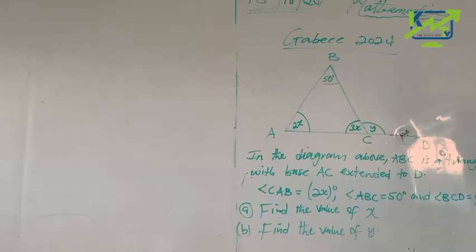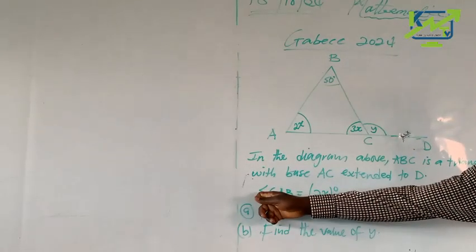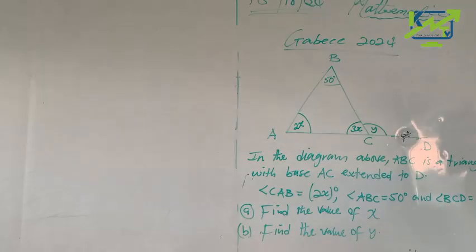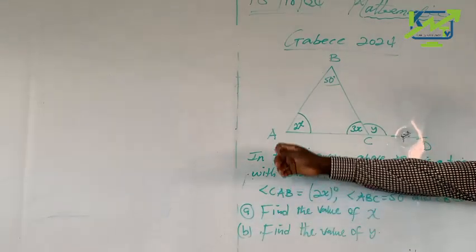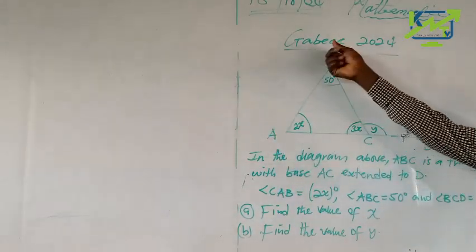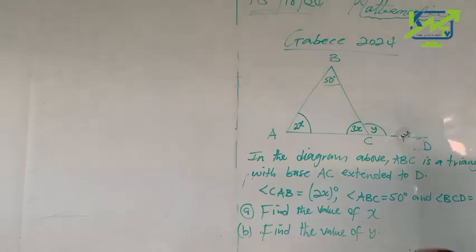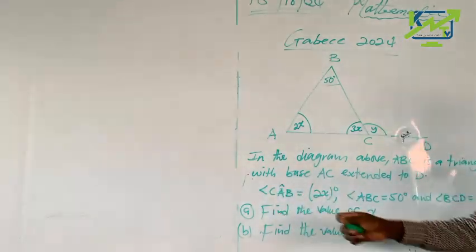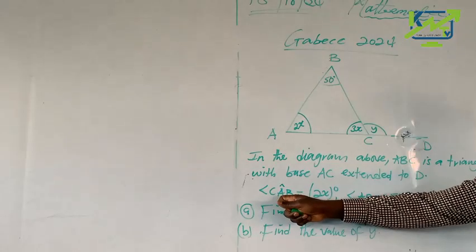Now from there, angle CAB is equal to 2x. That is this angle CAB. The middle letter is always the angle they are referring to, that's why sometimes you see this arc on top to indicate the angle they are referring to.